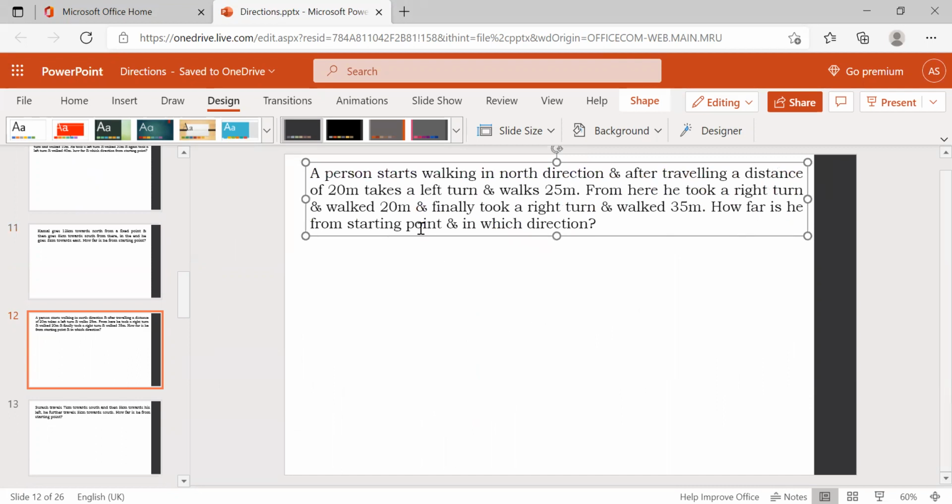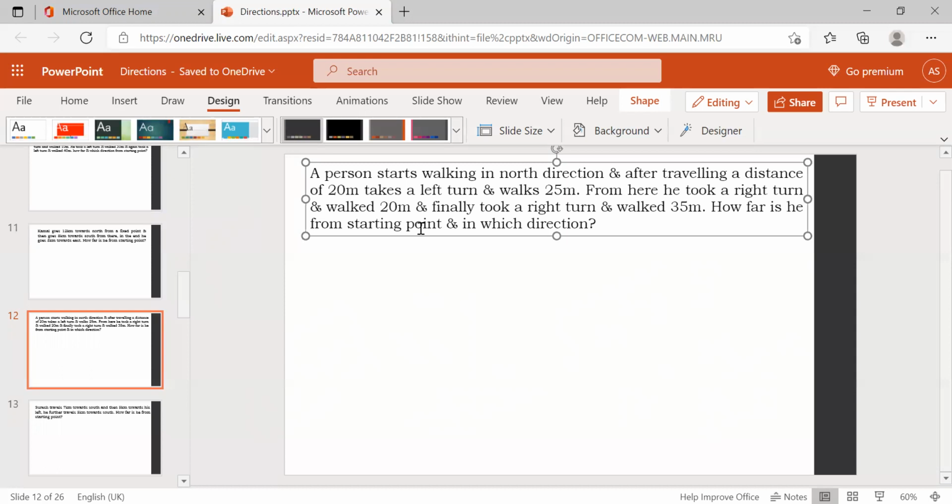You people just try to solve this in the same type of method. A person starts walking in the north direction, and after traveling a distance of 20 meters, takes a left turn and walks 25 meters. From there he took a right turn and walked 20 meters, and finally took a right turn and walked 35 meters.